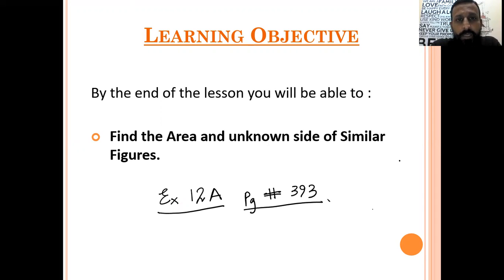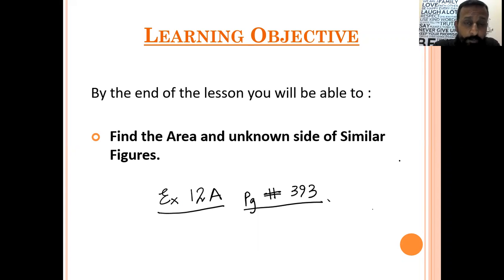In every question, you will be dealing with a pair of similar figures. The figure may be a triangle, rectangle, rhombus, or trapezium, but they will be similar figures. What you need to do is apply a formula to find out the unknowns.